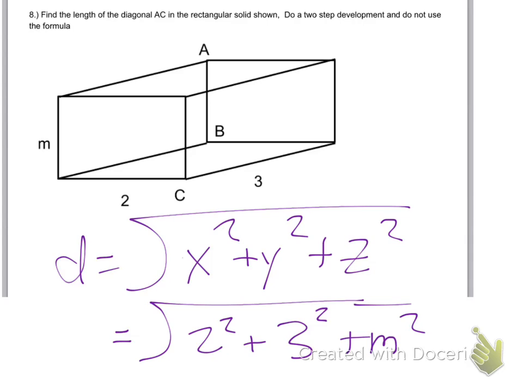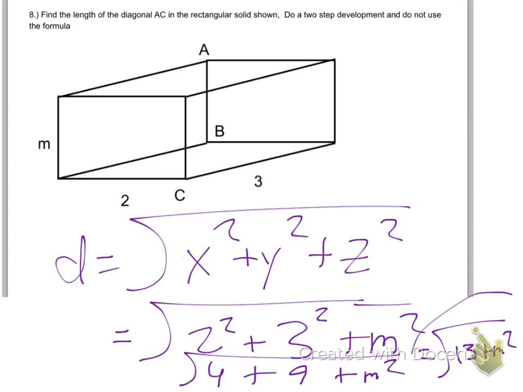What's 2 squared? 4, plus 9, plus m squared, under the square root, which is the square root of 13 plus m squared. Done, done, done.